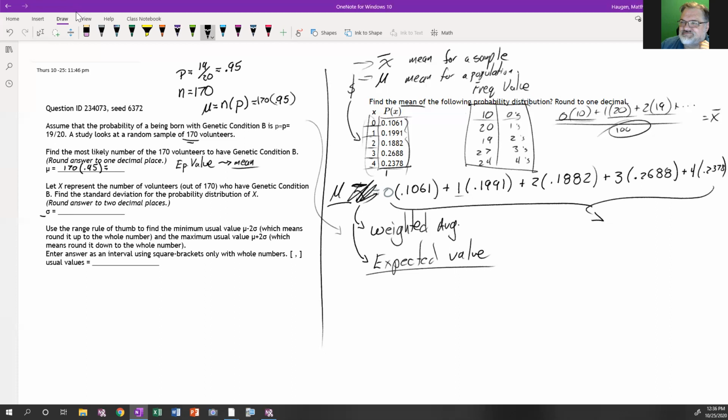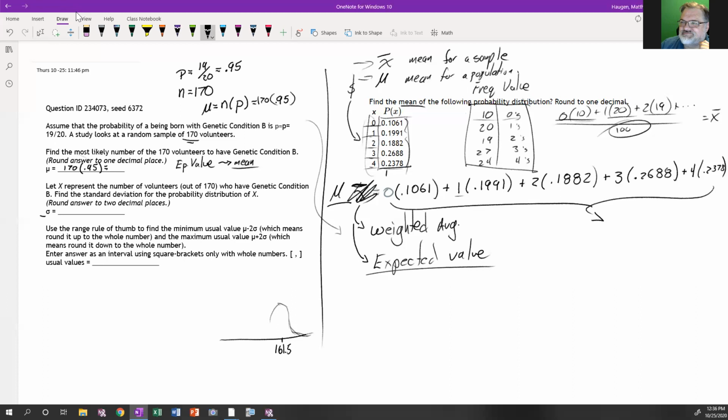But you can imagine that this 95% of 170, what's 95% of 170? I can find that value. 0.95 of 170 is 161.5. So 161.5, that's the expected value.